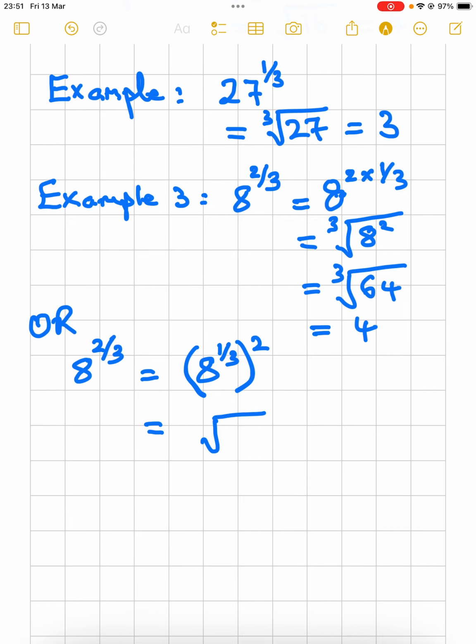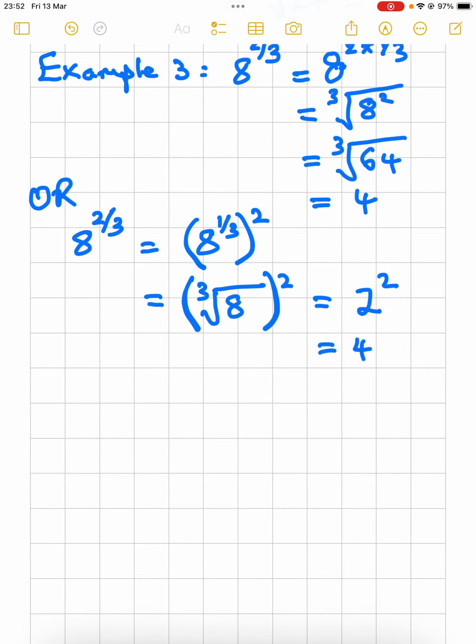This is equal to the cube root of 8 raised to power 2, which is 2 raised to power 2, which is 4. So whichever way you follow, you get the same answer. So take note, root first, then power, or power first, then root. Both of them will work.